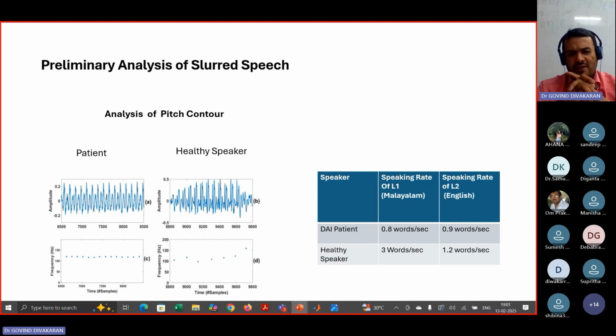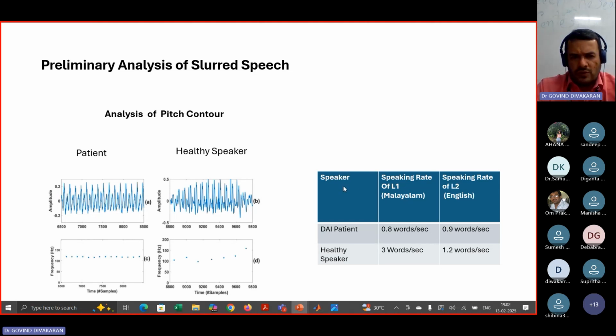So you can see that pitch is a prominent feature here. Also, when you do a basic word count at the first level, you can see that compared to the healthy speaker, the TBI patient is speaking quite slow.